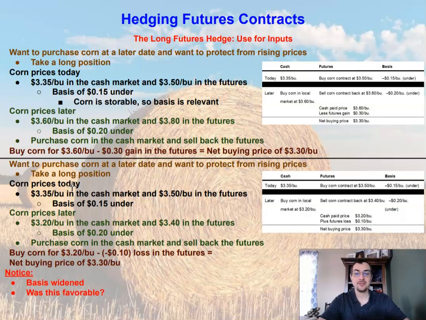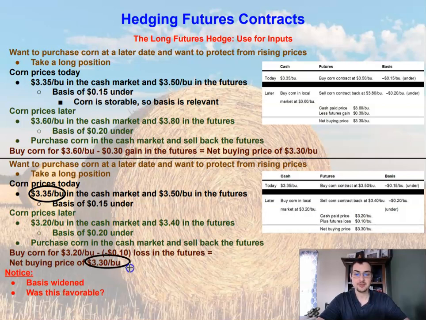So even though prices fell and we could have bought that corn for $3.20 had we not hedged, is it still favorable? Because we basically, ladies and gentlemen, tried to lock in this price of $3.35. We said we would be okay with buying corn at $3.35 because that was the original cash price we're trying to lock in.